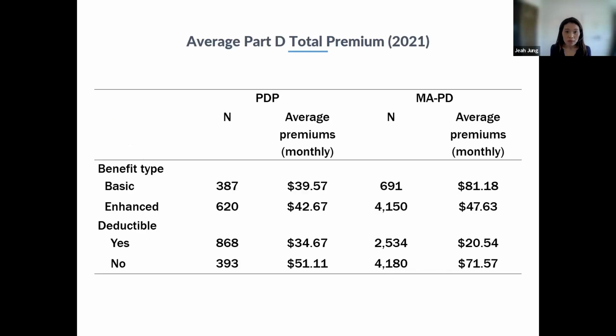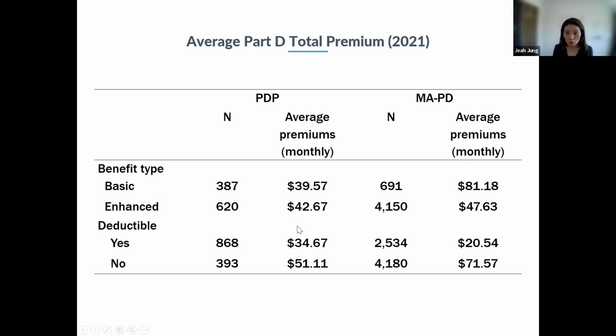Okay. So here, this table shows average Part D total premium by benefit type and by deductibles between PDPs and MAPDs. And you can see that premiums are higher. It depends probably on the benefit type. It's a little bit different.